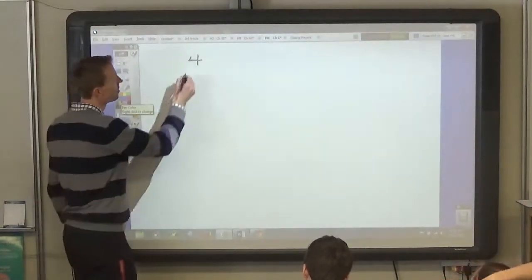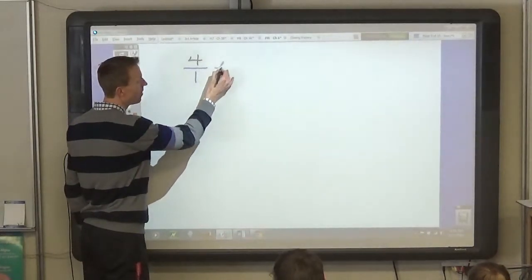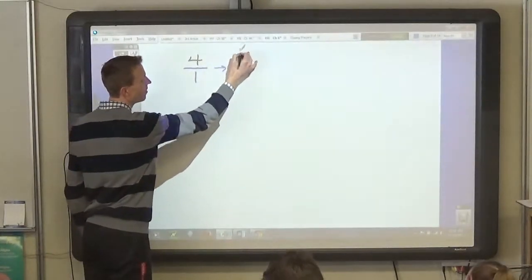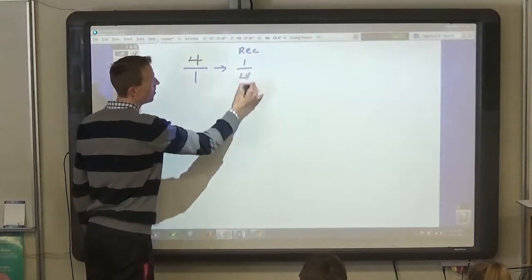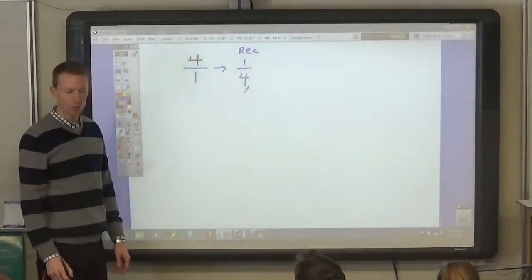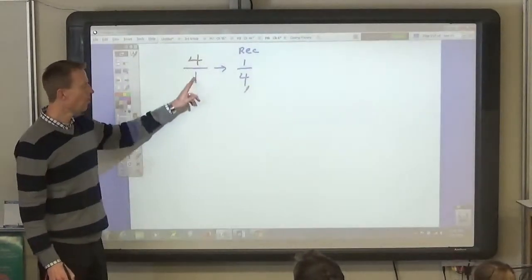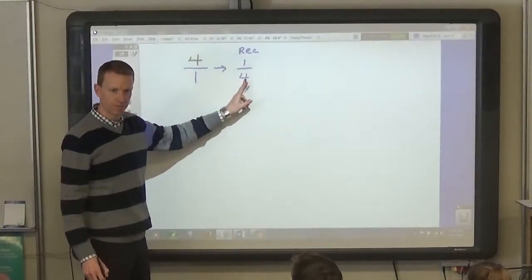Make it into a fraction. And then write its reciprocal. 1 over 4. Good. You see that? If you have a whole number and you write the whole number as a fraction, then you can find its reciprocal.